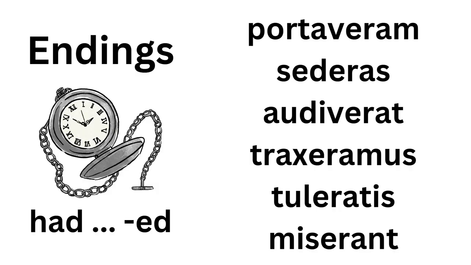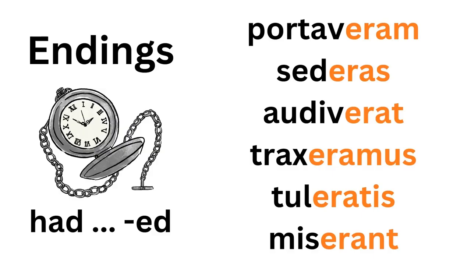Tuli from ferro. Tuleratis means you plural had brought. And miserant, they had sent. So you can see again, you have eram, eras, erat, eramus, eratis, erant. Those endings are what help you to spot that this is a pluperfect tense. In case you're struggling to figure out the perfect stem, this is what you want to use.